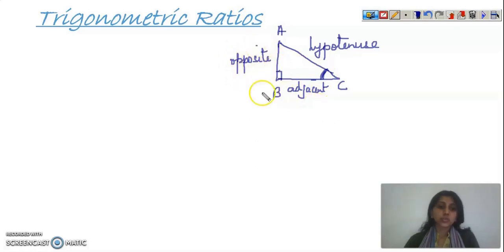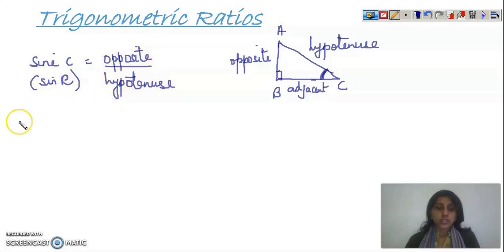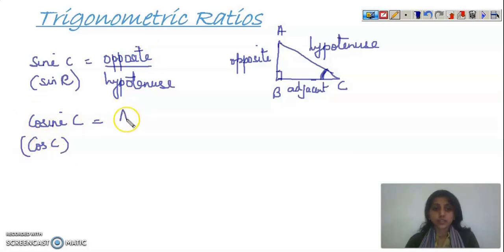Using this nomenclature, we define the trigonometric ratios. The first ratio is sine of angle C, in short written as sin C. It is defined as the ratio of opposite upon hypotenuse. Similarly, the other ratio is cosine of angle C, in short written as cos C. It is defined as adjacent upon hypotenuse.